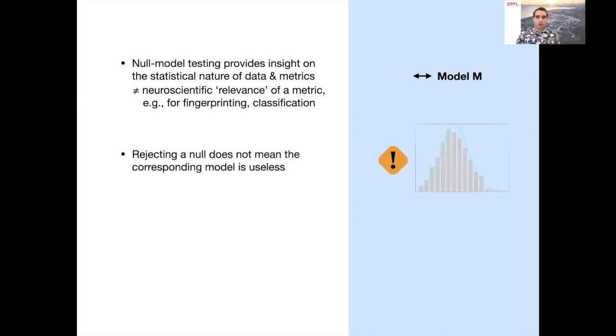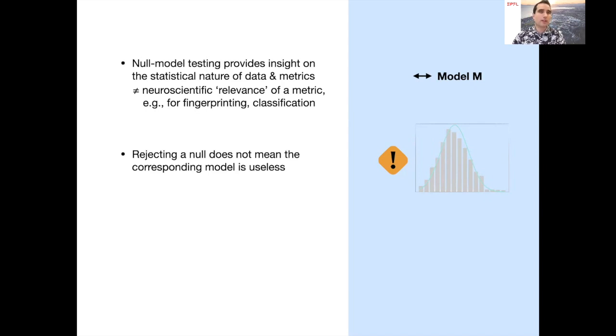Then the second point, which is that rejecting a null should not be the end goal of everything. You will always find a metric that, for example, exploits extreme values of a distribution that allows you to reject the null. So this should be thought of in a broader context, where you think in terms of the benefits of going for a more complex model.